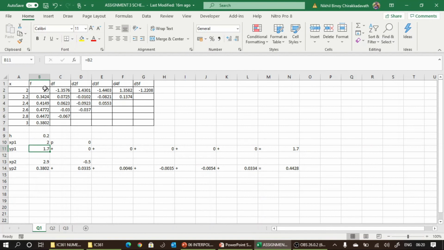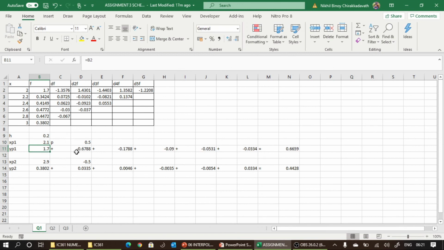So that one is a given point, right? Corresponding to 2.2, what is the value? 0.3424, again the given value. Corresponding to 2.8, this is the value, 0.4472. So the Newton forward extrapolation is correct here. So we can use 2.1.